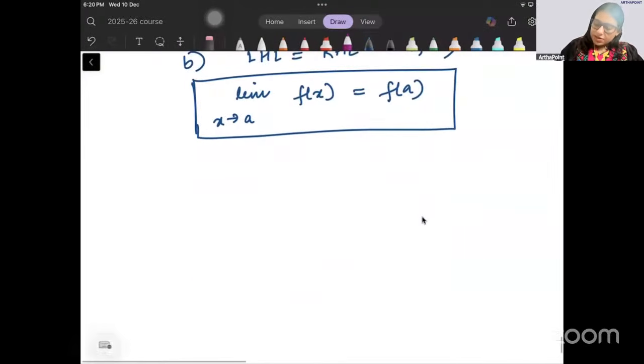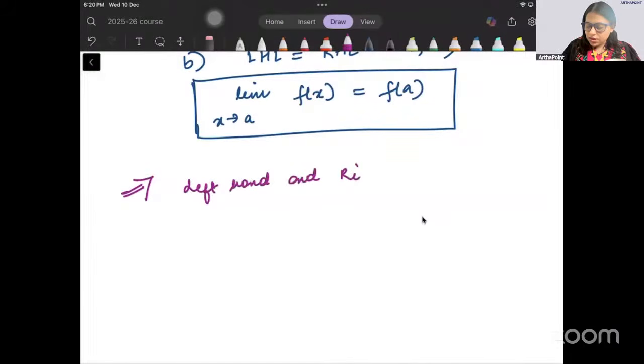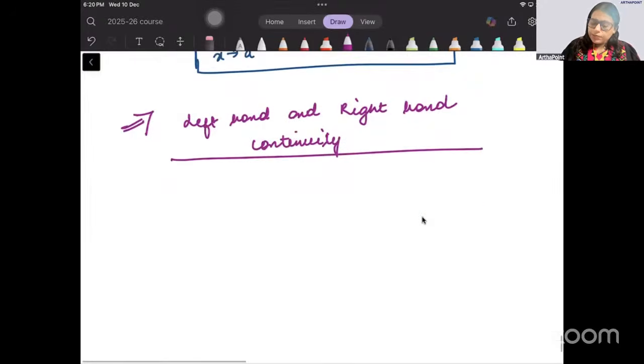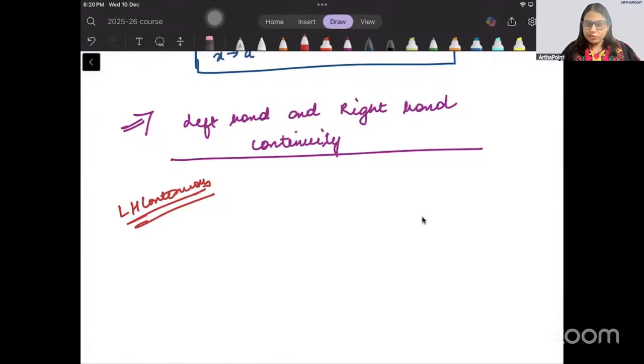Sometimes in exam, they may ask you left hand and right hand continuity. A function may be left hand continuous only if limit x tends to a minus f(x) is equal to f of a.